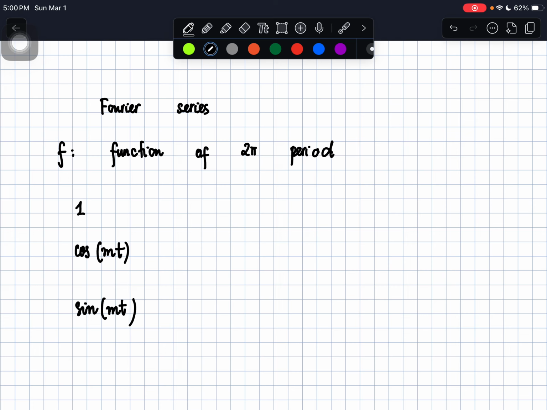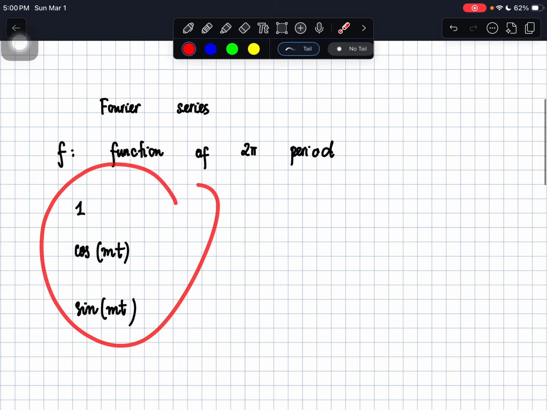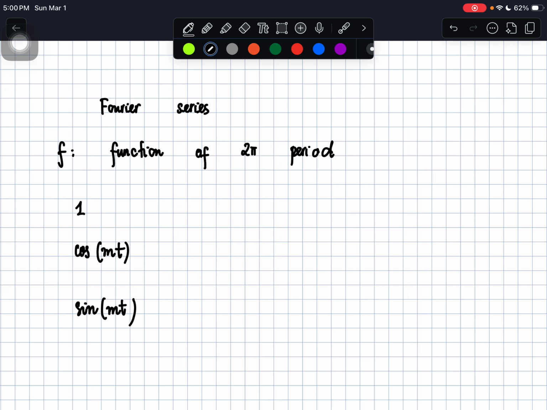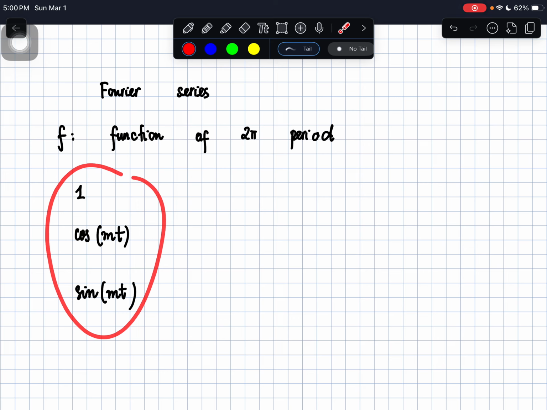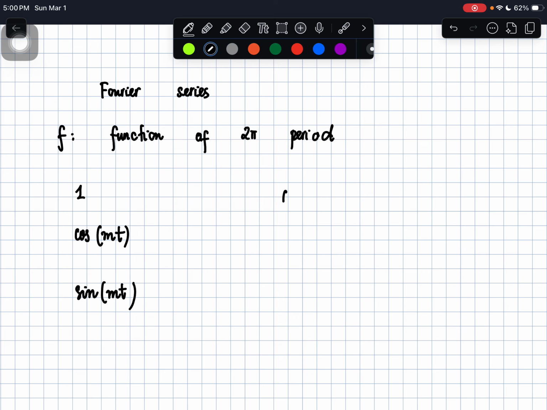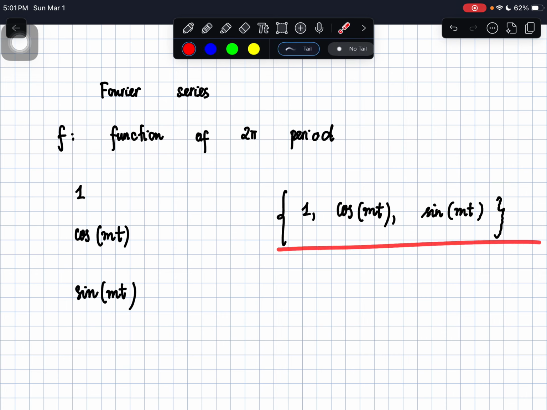So these we know are of 2 pi period, and we will build any other function of 2 pi period based on those functions. Think of those functions, 1, cosine mt, sine mt, together they will form a basis.